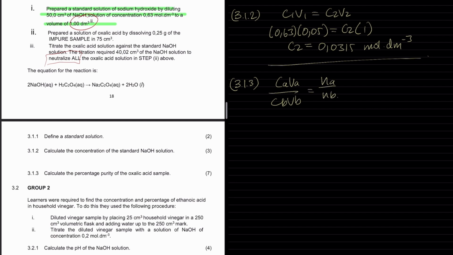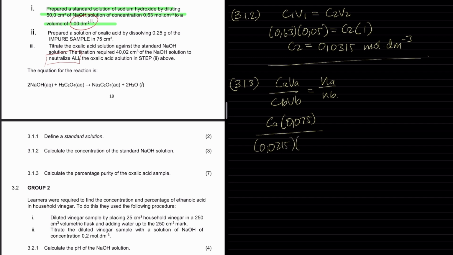NA over NB. Now the concentration of the acid, do we know the concentration of the acid? No, we do not. So Ca, the volume of the acid that was neutralized was 75 cm cubed. So that's 0.075 dm cubed divided by concentration of the base, we worked it out, 0.0315.